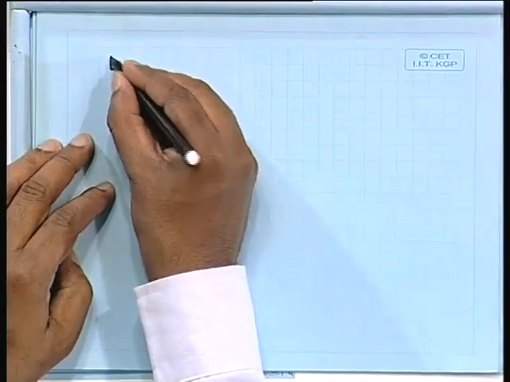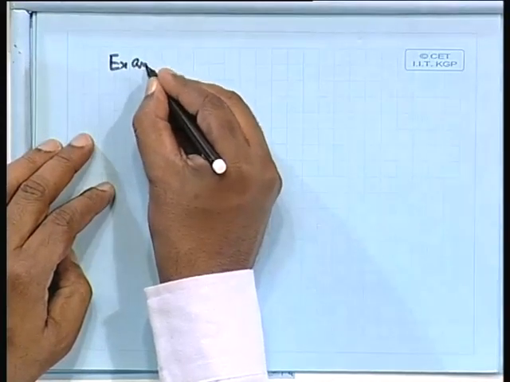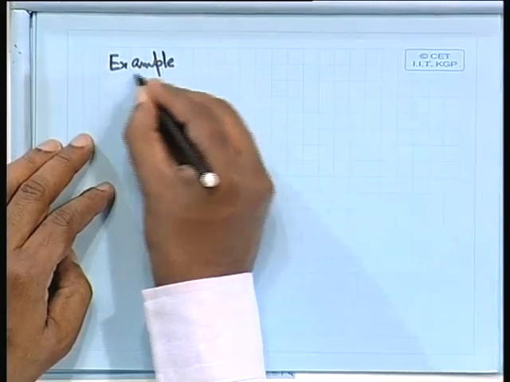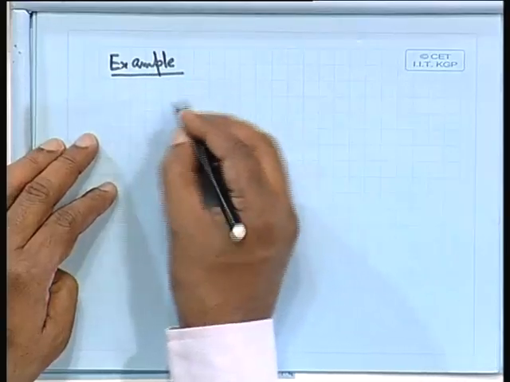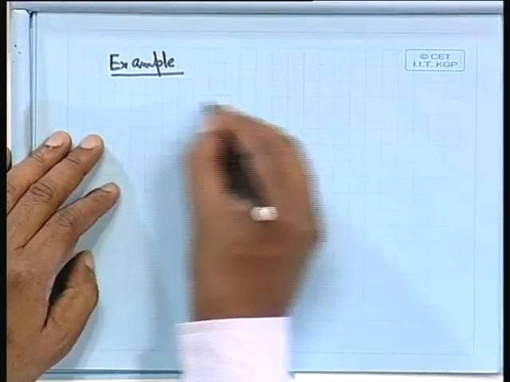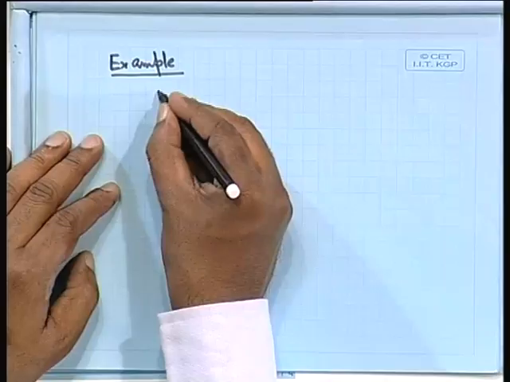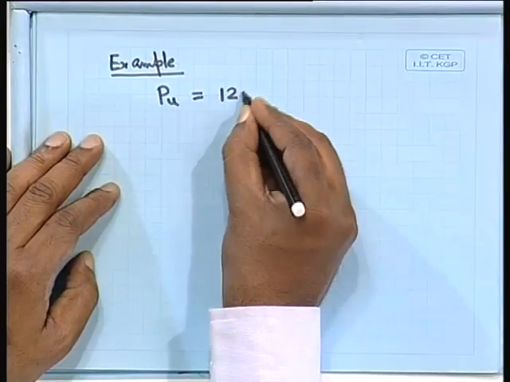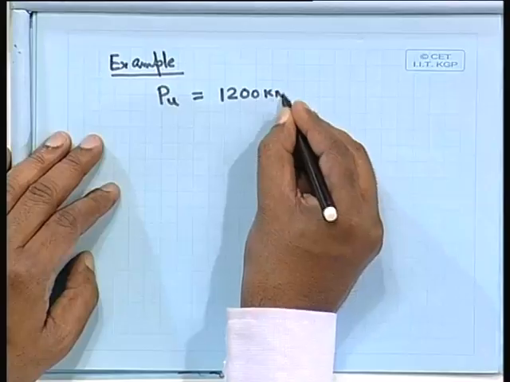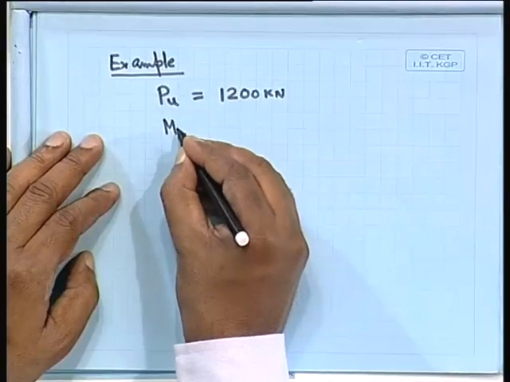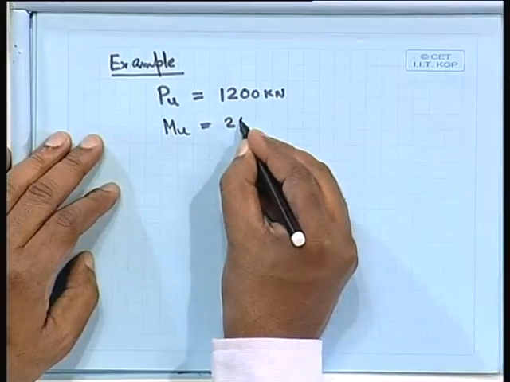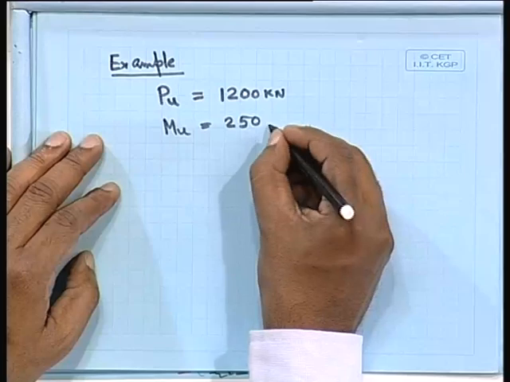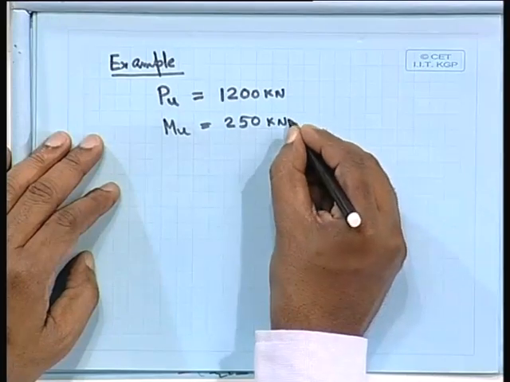Let us take one example. Let us say PU given say 1200 kilonewton, MU 250 kilonewton meter.